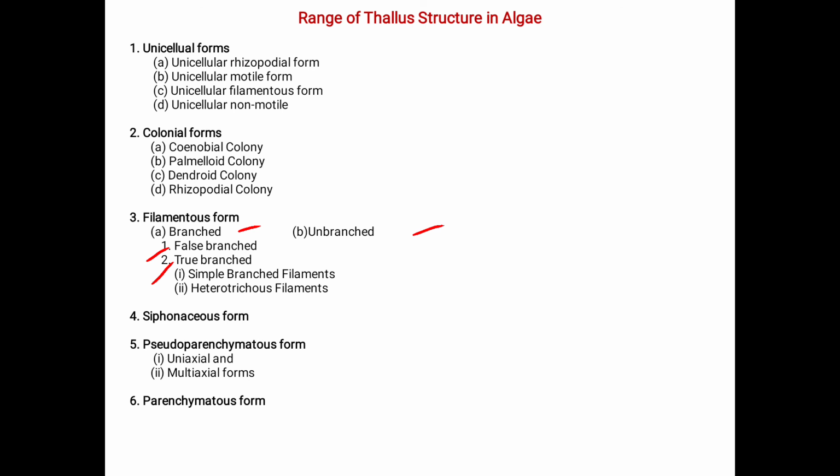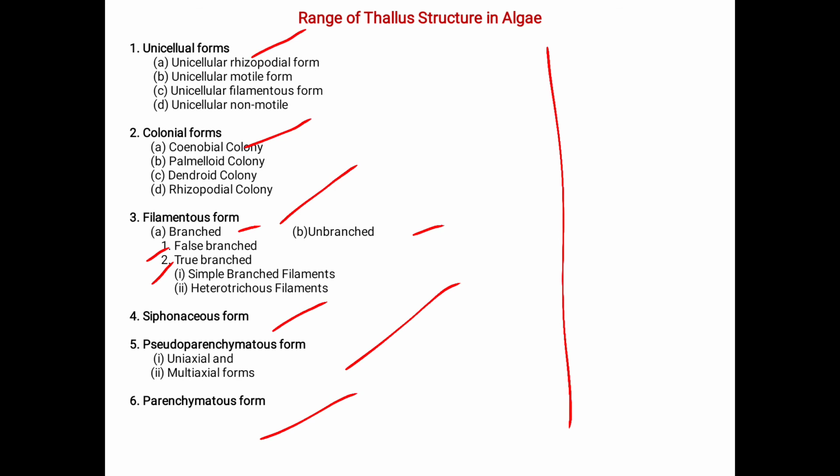In total, we covered the range of thallus structure, that is uniaxial forms, colonial forms, filamentous forms, siphonaceous forms, pseudoparenchymatous forms and the parenchymatous form. This is regarding the range of thallus structure in algae.